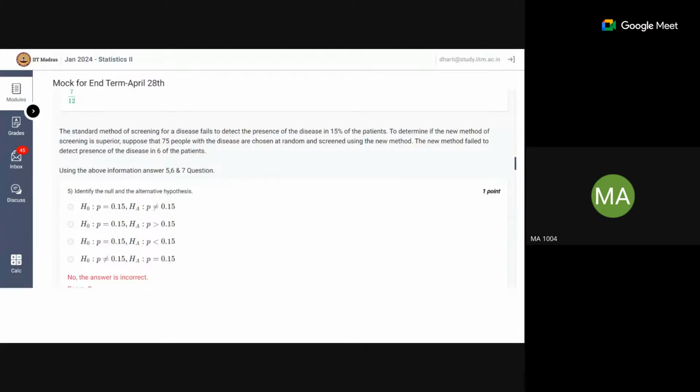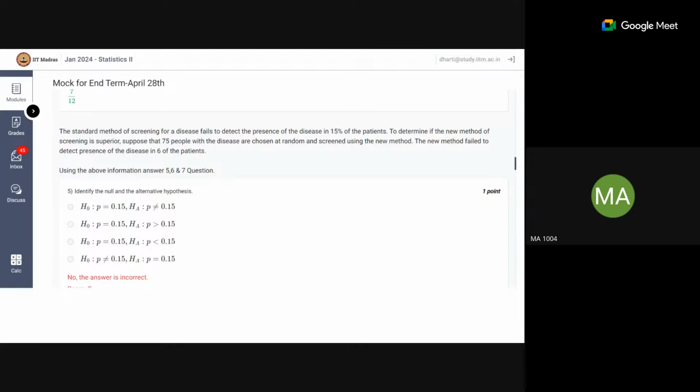So the question is, the standard method of screening for a disease fails to detect the presence of disease in 15% of the patients. When you screen the disease with the standard method, 15% of the time it is failing to detect. That is the probability of error, or probability of failing the test, 15%.